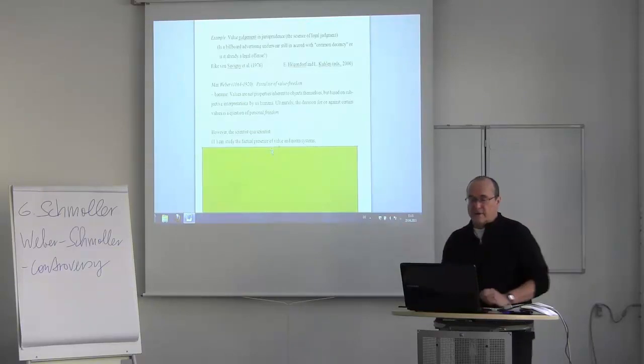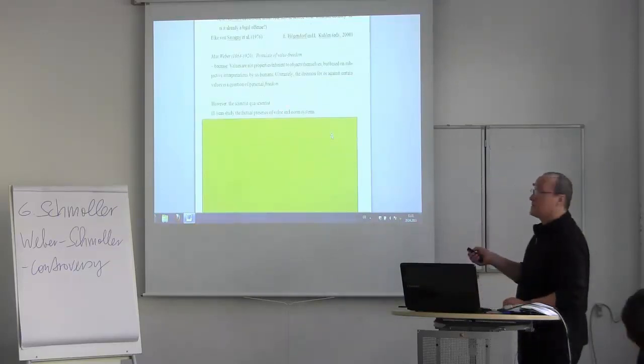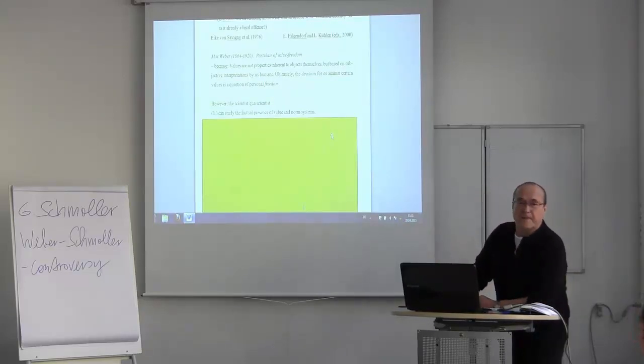First of all, Weber said, the scientist qua scientist can study the factual presence of value systems and norm systems in different societies. This is most important for social scientists and cultural scientists, because they study factual value systems of different societies.